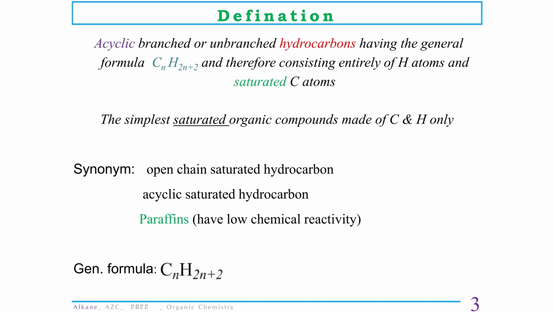acyclic, branched or unbranched hydrocarbons having a general formula of CnH2n+2. So it means that alkanes can be acyclic, and when you say acyclic, it means that they are not in a cyclic form.